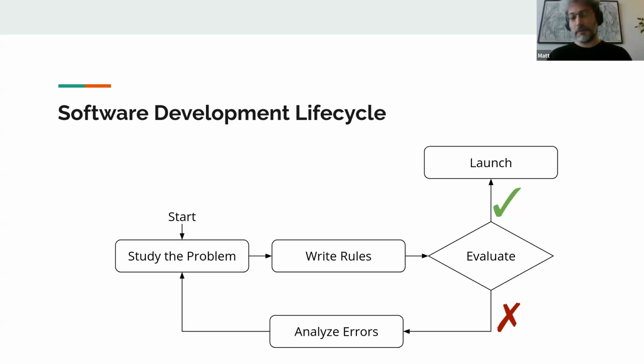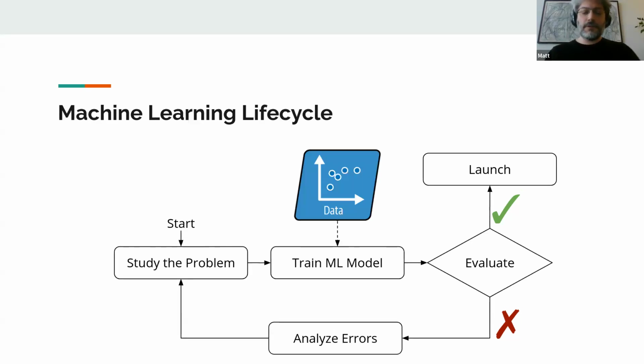With machine learning, it's very slightly different, and also very similar. In fact, there's only one thing that got replaced here, but the thing that got replaced is enormously significant, and we'll see it in the second part of this slide. You study a problem, and then instead of writing rules, you train a machine learning model.